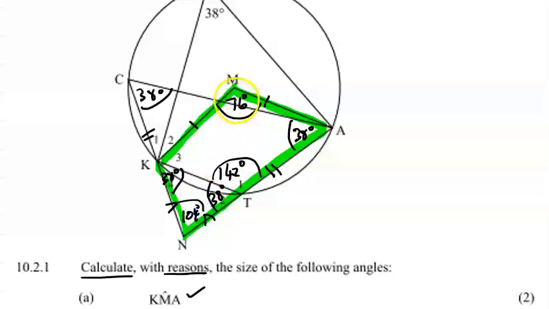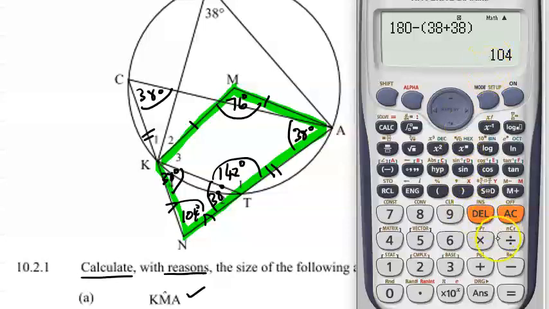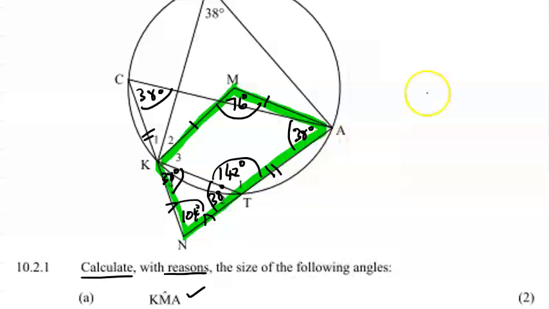What do you notice? KMA plus KNT is 76 plus 104. So 104 plus 76 will prove that this is a cyclic quad because the opposite angles are supplementary.